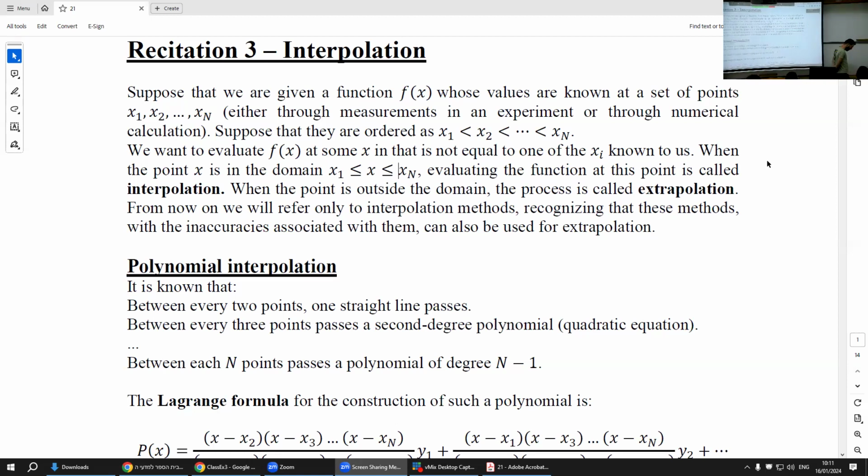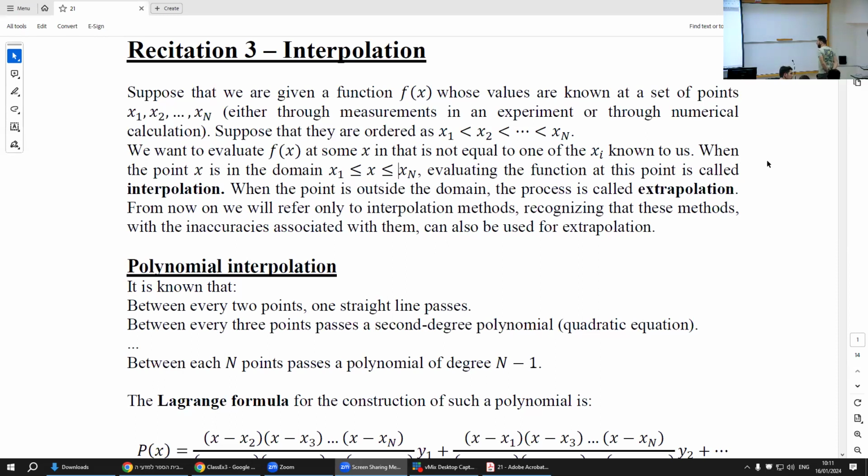So in interpolation, we assume that the given data is correct or exact. We are given endpoints with the exact values of the function at these points.